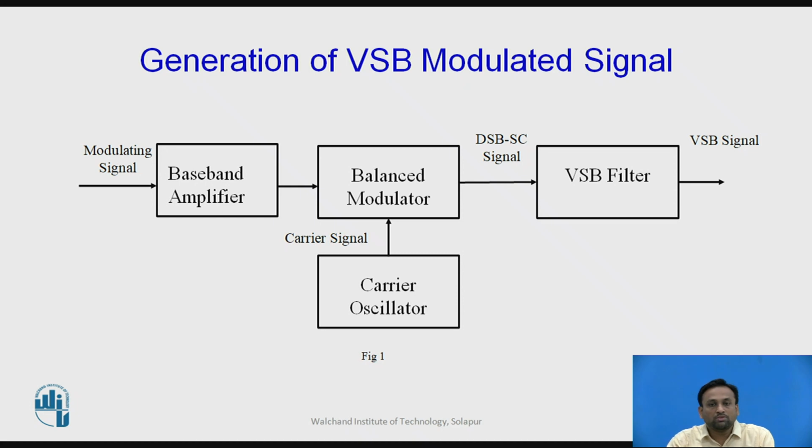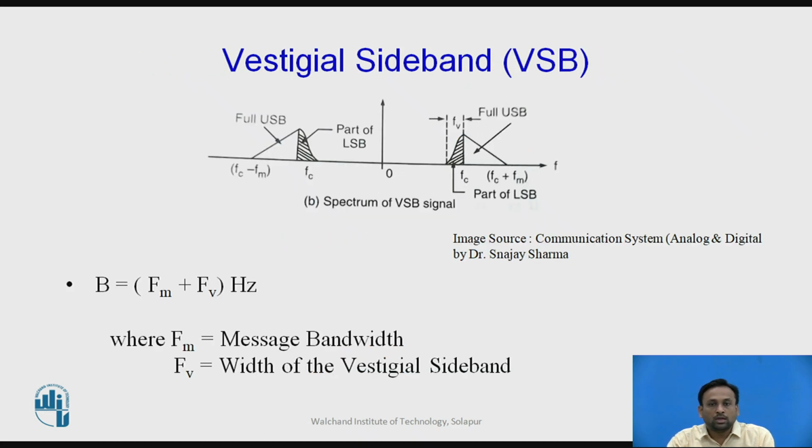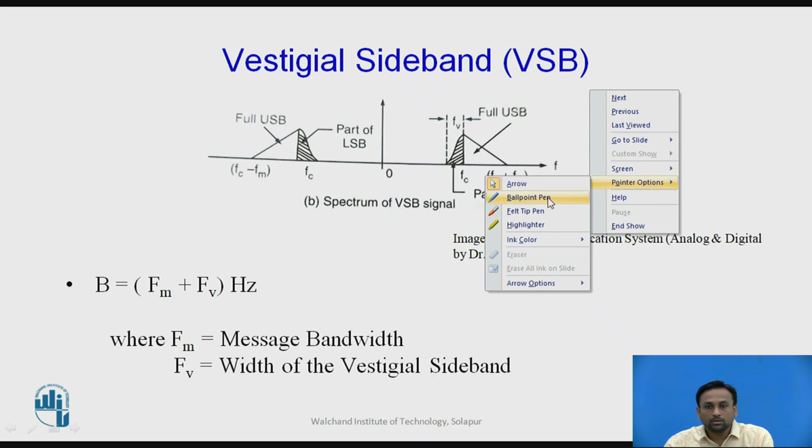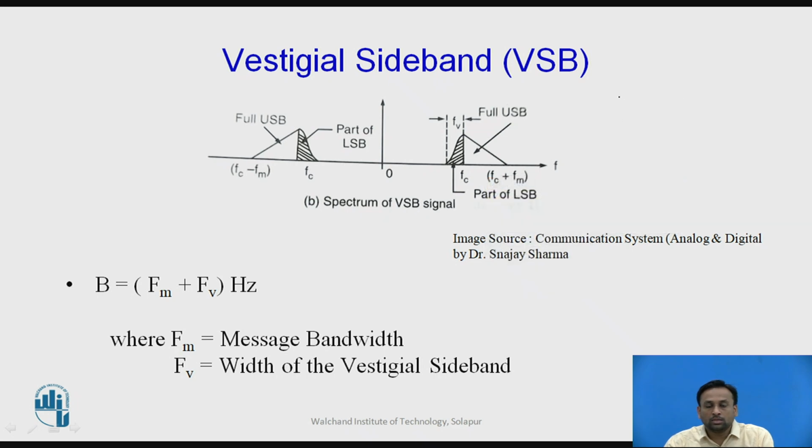So why we have to go for it, we'll see now. Before that, this is the spectrum of VSB. We know how much bandwidth will be required to transmit a VSB signal. In AM, you require two FM signal bandwidths, and for DSB also you require two.